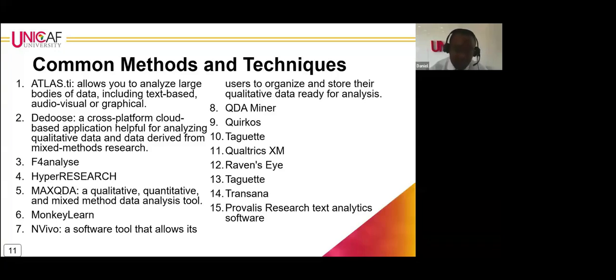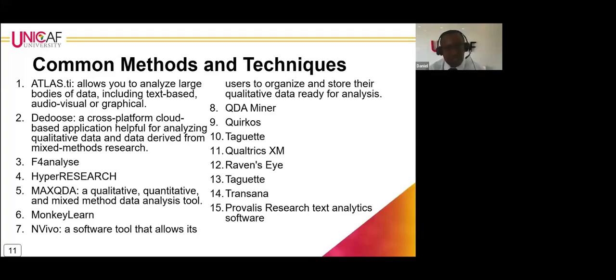So Taguette is an open source tool for qualitative research. So you can use this Taguette software to analyze your qualitative data. After all, it's open. There are many that you can use.